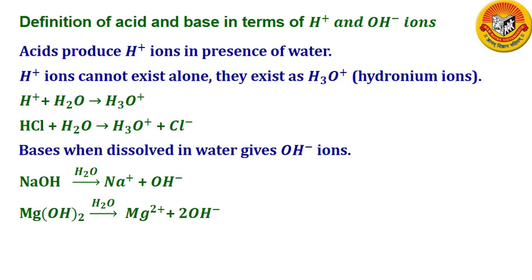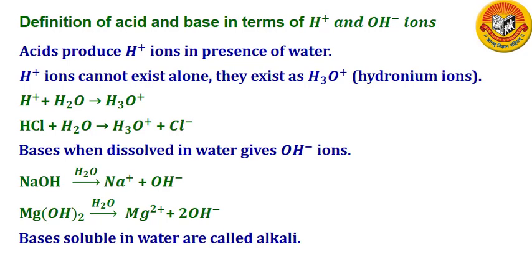Magnesium has valency 2, so after splitting it gives me Mg2 plus ion, and the hydroxyl ion has valency 1, so it gives me OH minus ion. Now when bases are soluble in water, we call those bases alkali. So alkalis are a special type of bases which are dissolved in water.